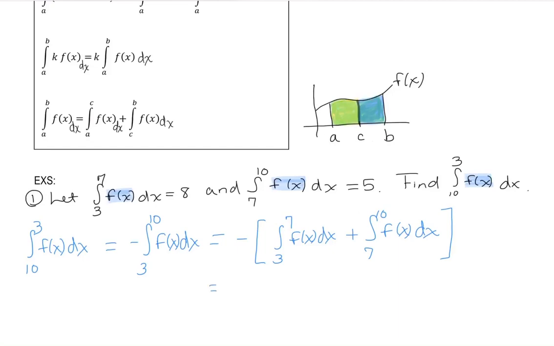So this is what we are given from 3 to 7. That was 8. The integral from 7 to 10 was 5. So this result ends up being negative 13.